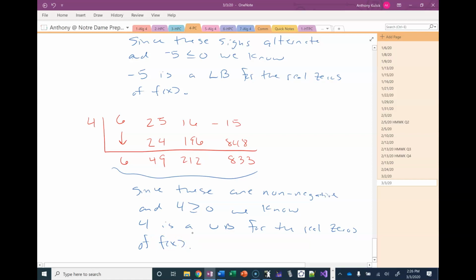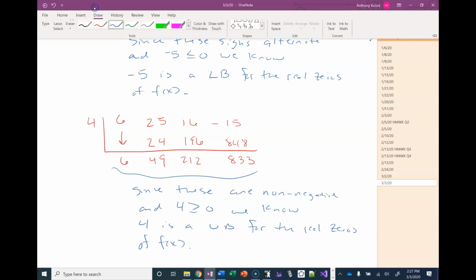And that's exactly what we saw, right? Since all the numbers under our synthetic division are non-negative, and we divided with a positive number, we know that that number then is our upper bound for the real zeros of f of x.